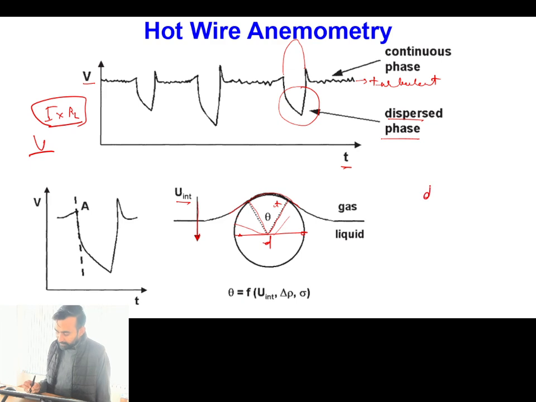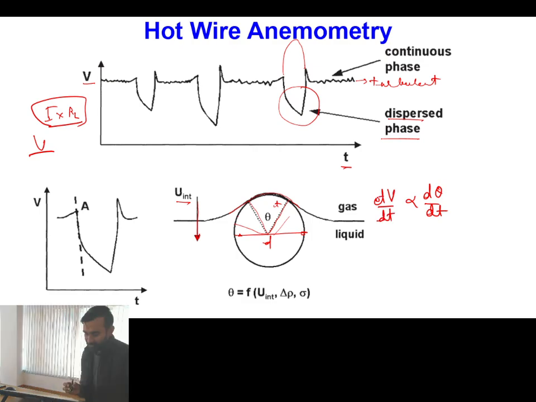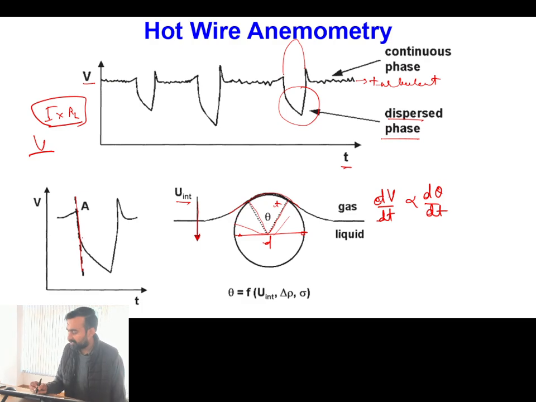Typically dθ/dt is considered proportional to dV/dt. Here you can see this is the voltage signal and this is time. So the slope of the voltage signal with time represents the rate of change of voltage with time.